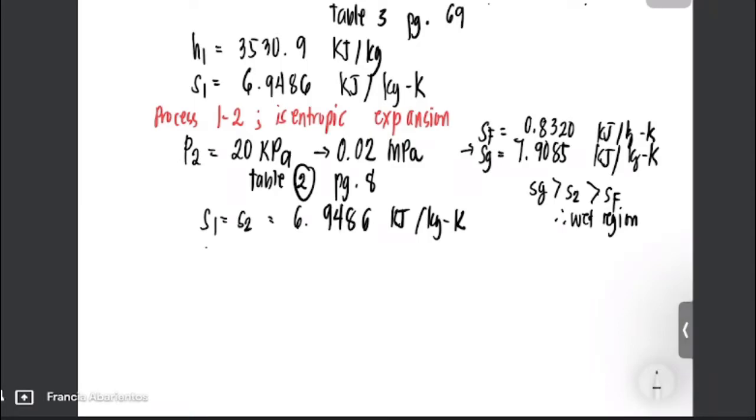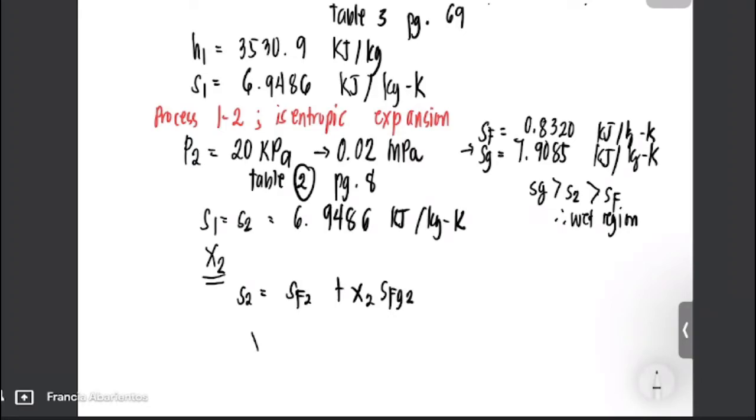So, therefore, hahanapin natin yung quality at 0.02 using this formula. Kasi alam na natin yung specific entropy at given 0.02.